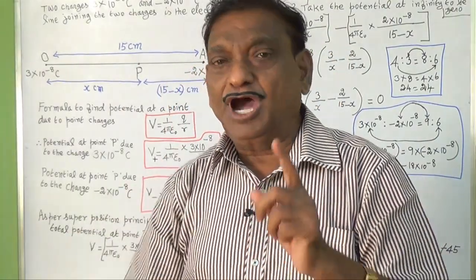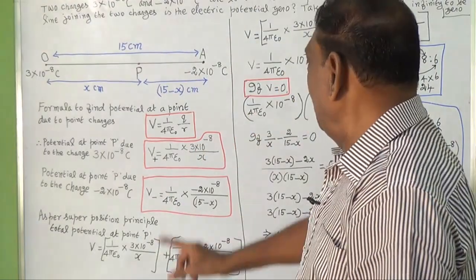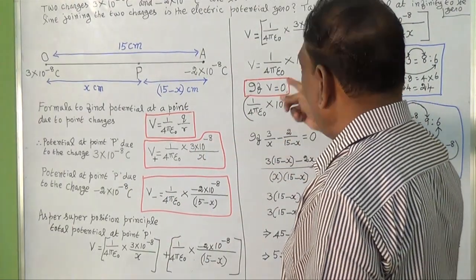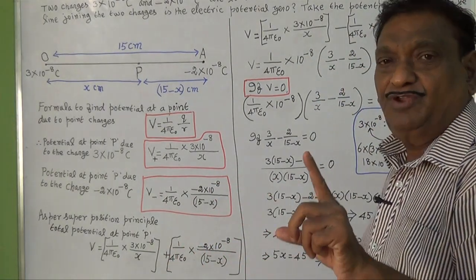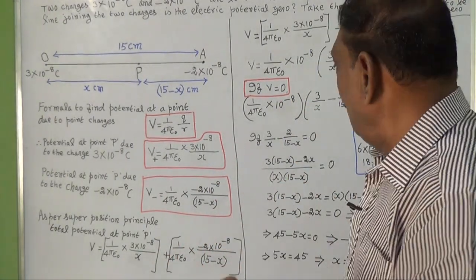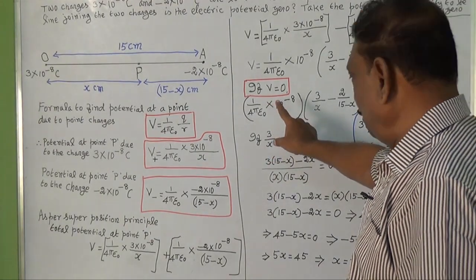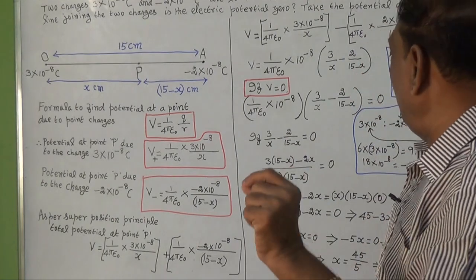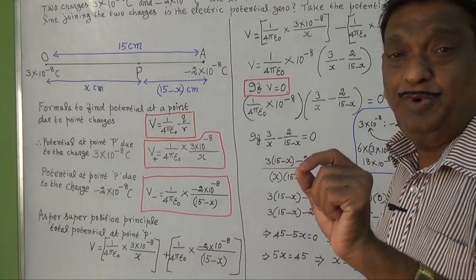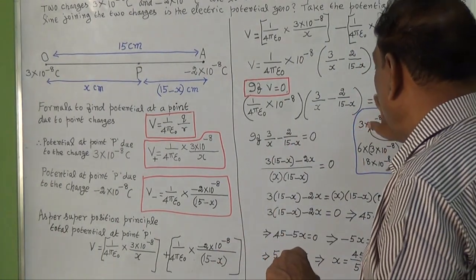So we are going to substitute V equal to 0. If we substitute the potential as 0, now the equation will become 1 by 4 pi epsilon naught into 10 to the power of minus 8 into 3 by x minus 2 by 15 minus x equal to 0.